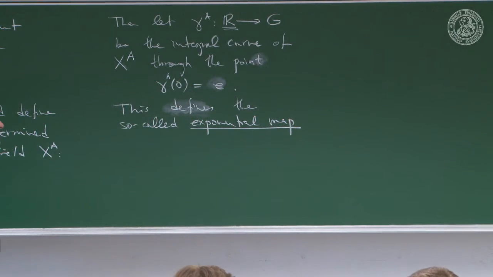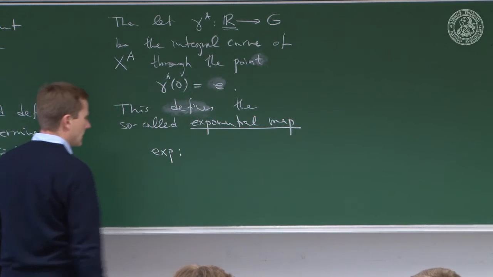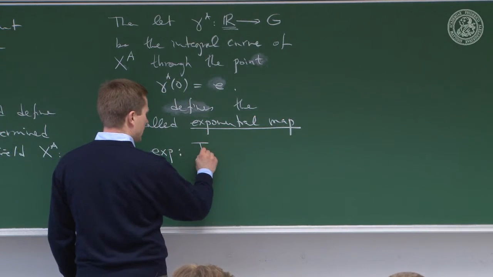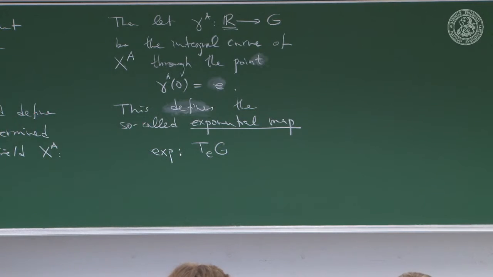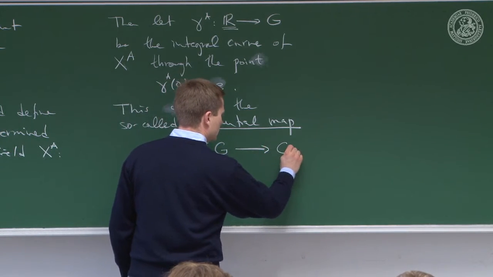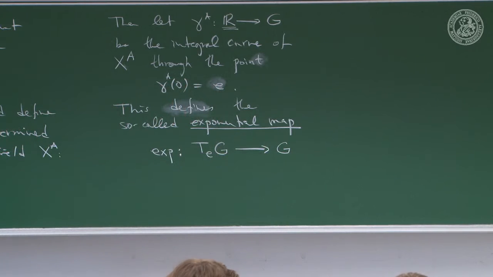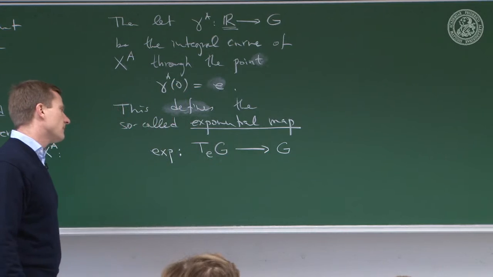And what does the exponential map do? Well, it has a pretty name. It's called exp. And it takes any element from the tangent space at the identity and maps it into the Lie algebra. So this is this path we wanted to go from the Lie algebra up to the Lie group.